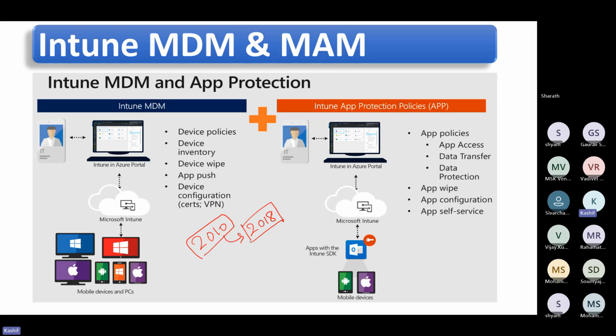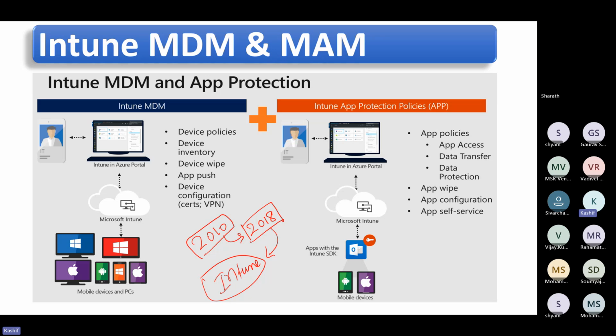People who were using different products like Tanium, Workspace One or MobileIron moved from those products to Intune. Microsoft Intune is moving like a monster now, from 2018 till 2025. It's on top in terms of managing mobile devices and mobile applications.